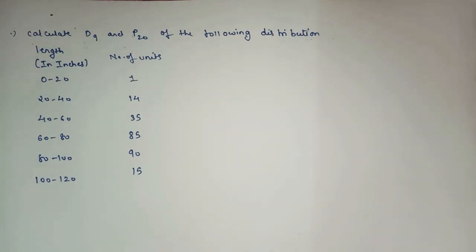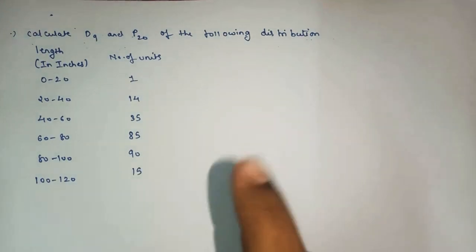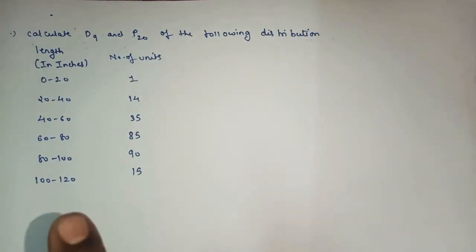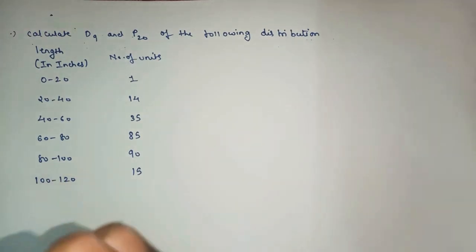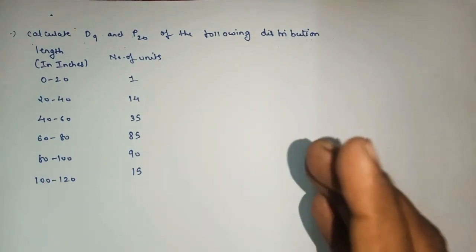I hope you all understood how to frame the formula for deciles as well as for percentile, and what is the difference between quartiles, deciles and percentile. Just remember one thing: quartiles means dividing by 4, deciles means dividing the things into 10 equal parts, and percentile means dividing the things into 100 equal parts.